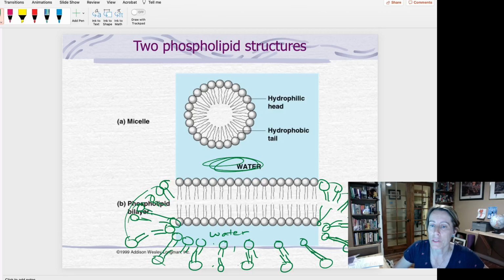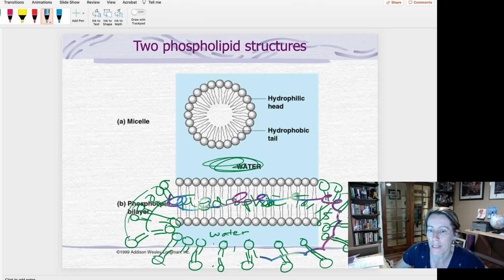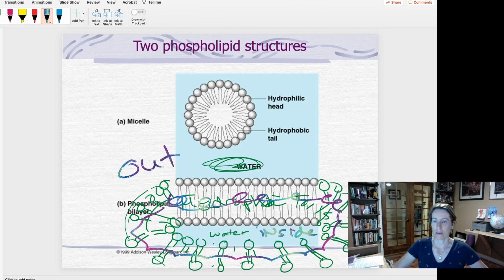And then in between the water on the outside and the water on the inside, there is this barrier of hydrophobic tails that goes all the way around. This whole area through here is the hydrophobic tail area, and it separates the outside from the inside.